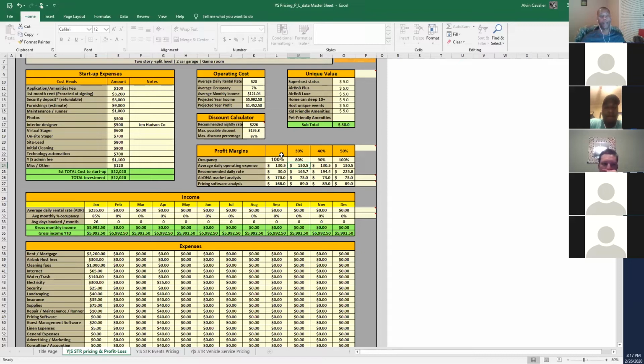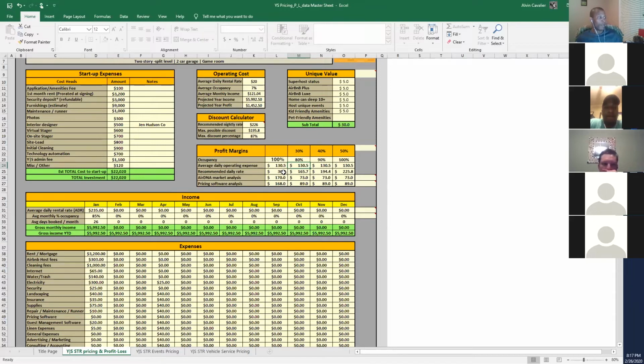So for pricing purposes, it's important to understand that, so you know exactly what it costs you per day to operate your unit, and then you know exactly what it costs you when you're not occupied, and that's important to understand. So what I've done here in this case is I've taken out the profit margin percentage and the occupancy rate.